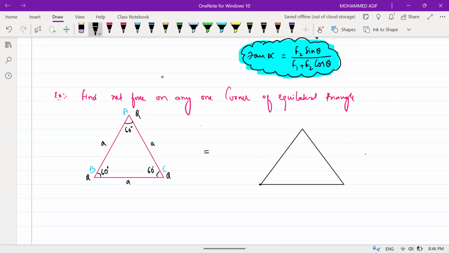So this is your reference. This is your B, this is your A, this is your C. Say on B, A is exerting the force in this direction. So this is the force exerted by A on B. The same way, on B, this is the force exerted by C on B.